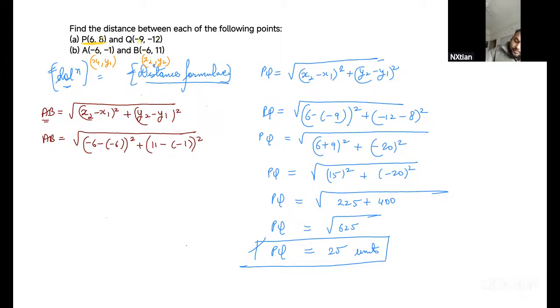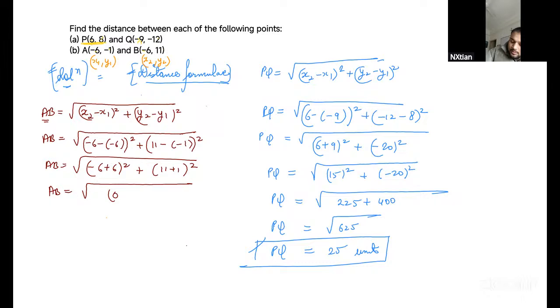Now if I solve it, AB is equal to root of (-6 plus 6) square plus (11 plus 1) square. So AB is equal to root of 0 square plus 12 square, which is root of 12 square. So AB is equal to 12 units.